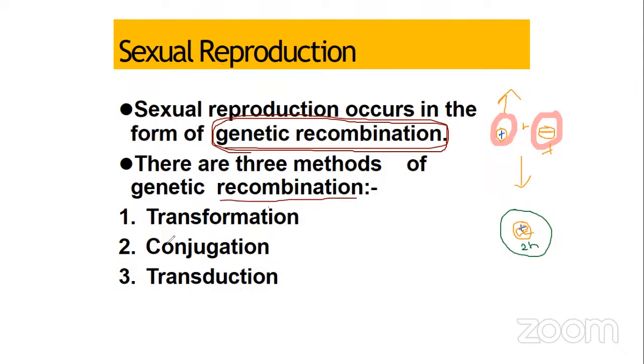The three main methods are transformation, conjugation, and transduction. Remember: transformation, conjugation, and transduction. Transformation means the genetic material is transferred without any media. Conjugation is also where genetic material is transferred from one bacterium to another bacterium.